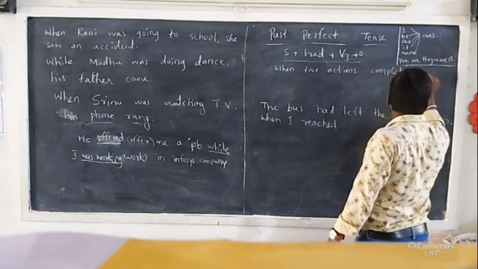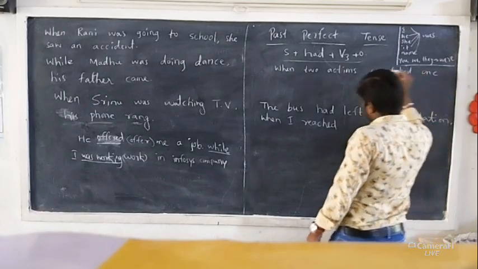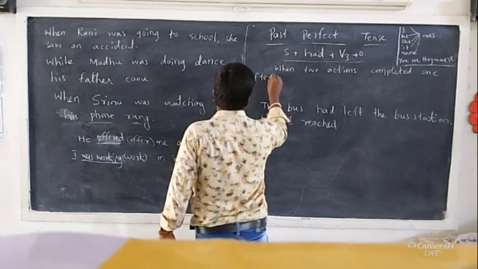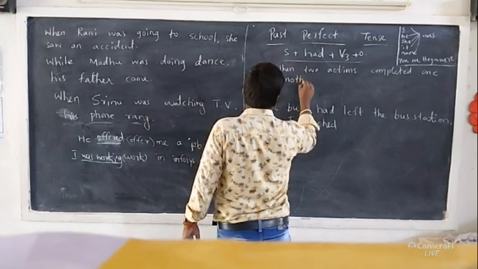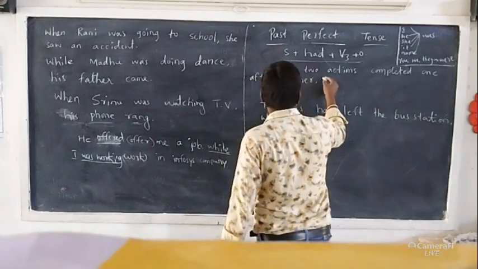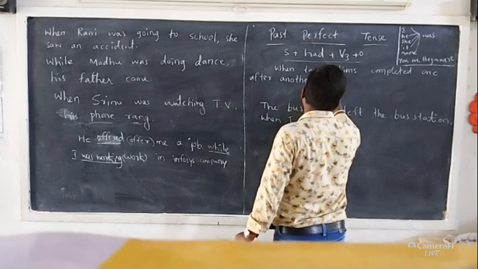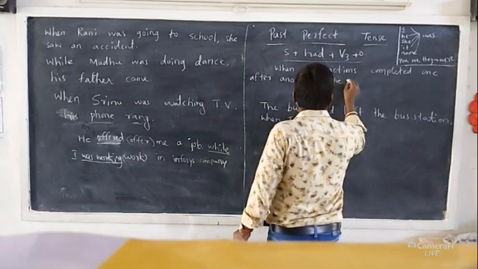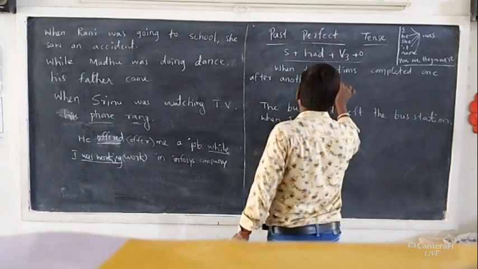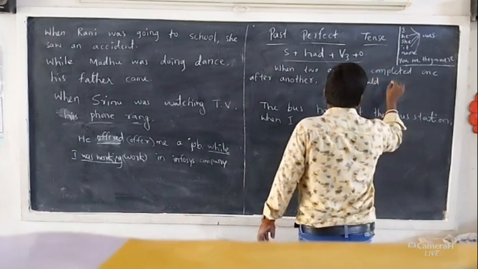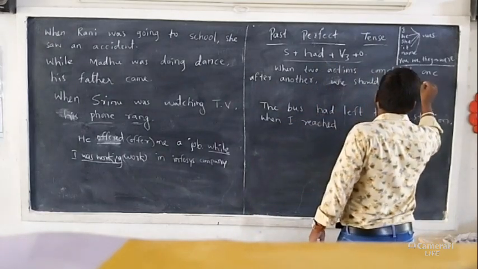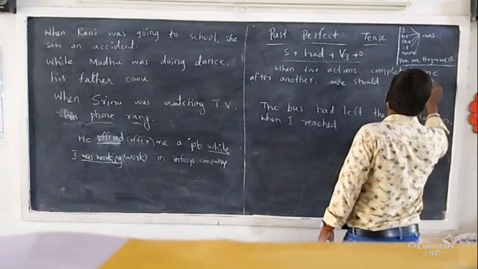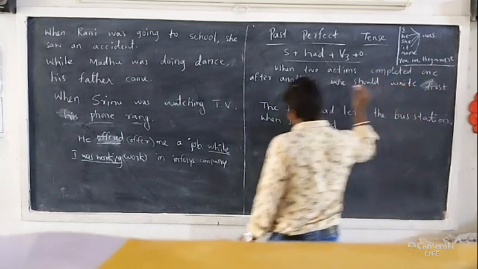Completed, you can write here as one after another. We should write: first action, first event.